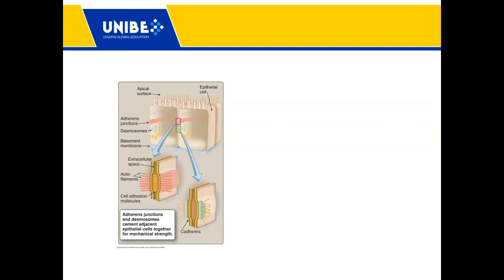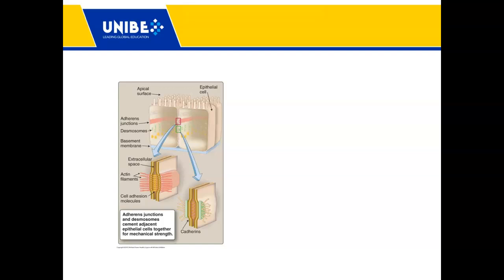And finally, we have adherent junctions, which can be either desmosomes, which may be made of these cadherins or these filaments that are going to bind two cells together, or adherent junctions, which are made of actin filaments, which again bind two structures together.